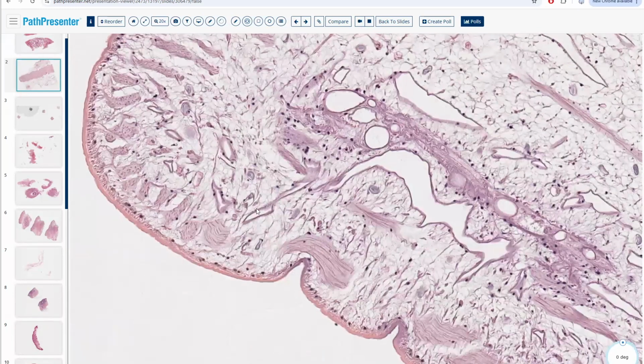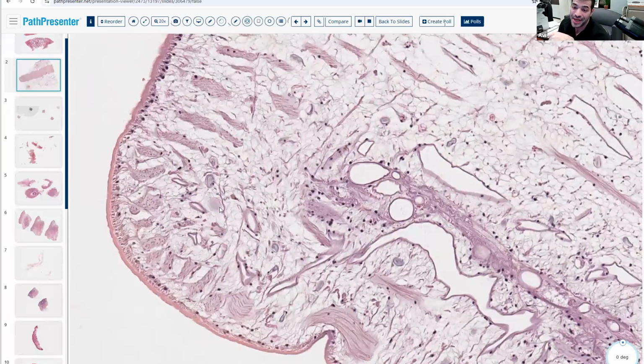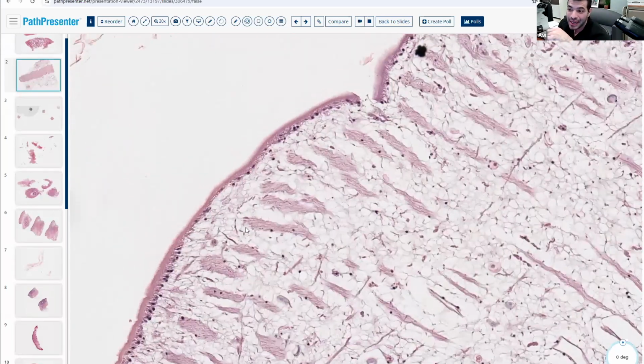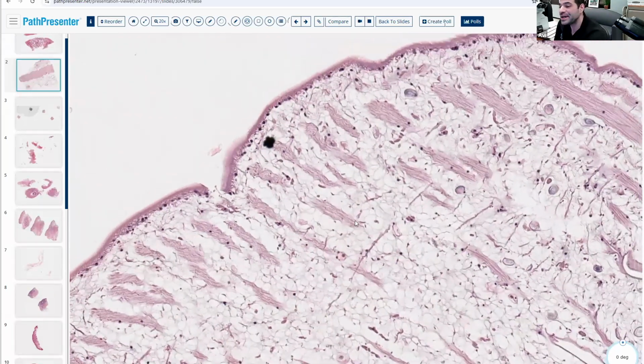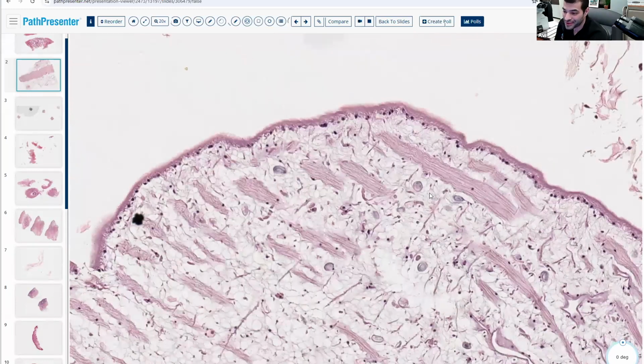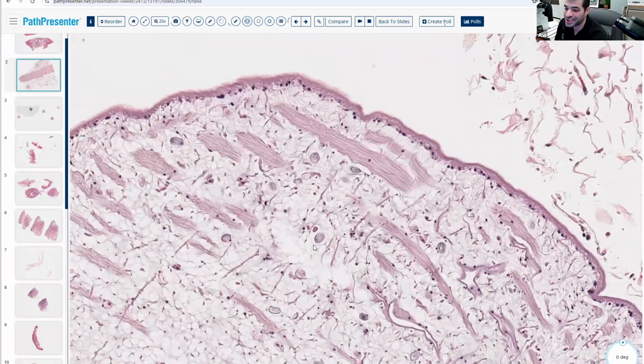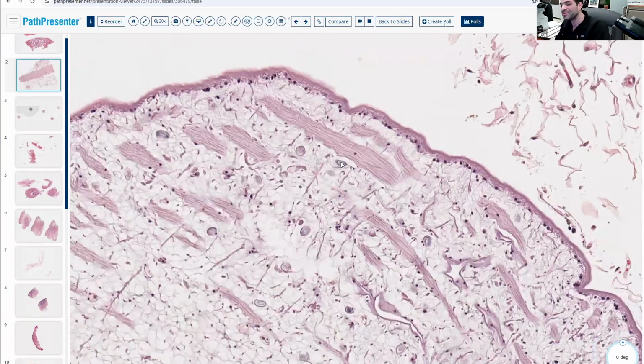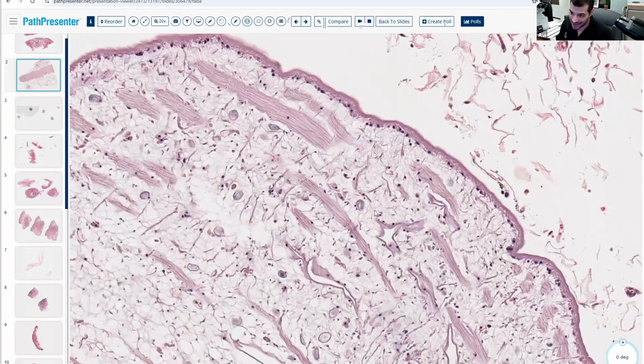That's a very important structure, and you can identify this. Now they like to ask this for this specific organism, but I will just tell you that you can see this in just about every cestode. However, for the purposes of the exam, they like this organism specifically to ask this about.